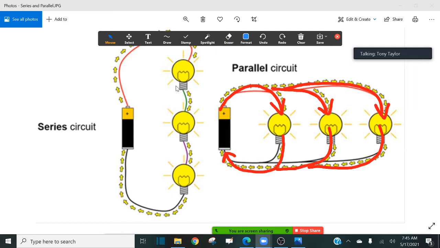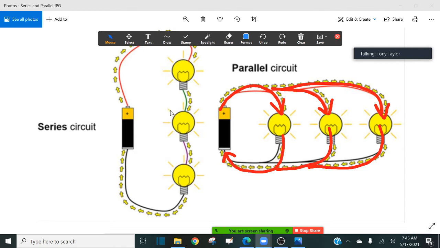However, here's one benefit of a series circuit when compared to a parallel circuit. In a parallel circuit, it turns out these light bulbs are pulling more energy from the battery than in a series circuit.